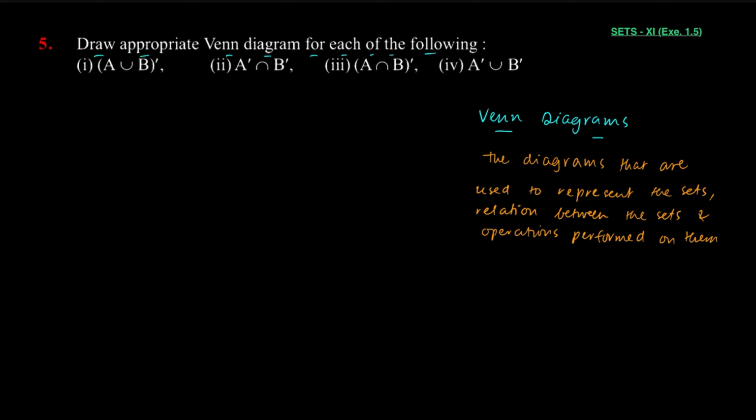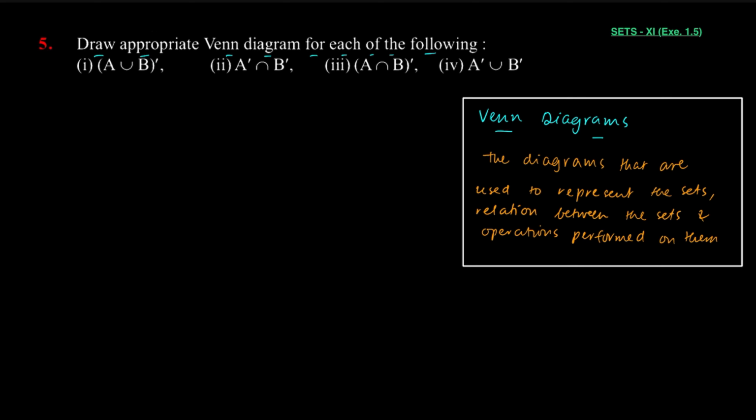So this is the definition of a Venn diagram. So these are the diagrams that are used to represent sets, relation between the sets and operations performed on them.